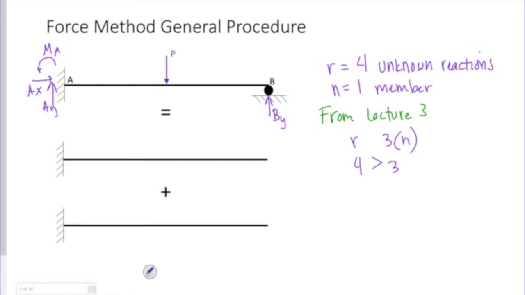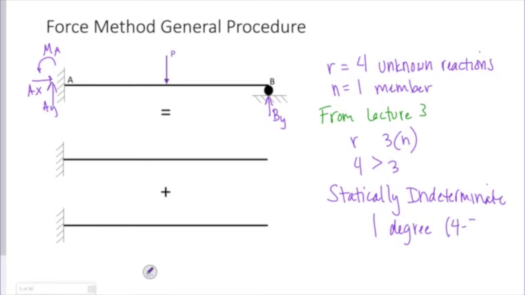That means this is a statically indeterminate beam, and it is 1 degree indeterminate because 4 minus 3 is 1. I have 1 more reaction than I have equations.